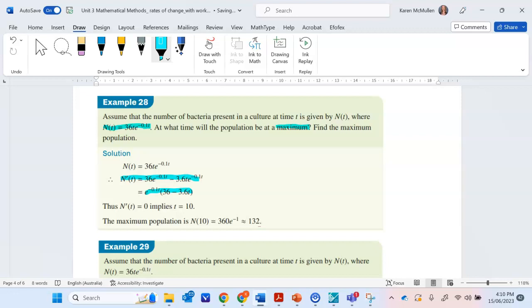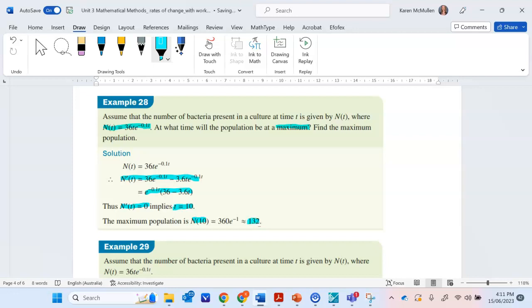So we're going to let our derivative equal 0. So our maximum population is at t equals 10. We don't know what t is measured in, just units of time. If it was days, it'd be 10 days. If it was minutes, 10 minutes, and so on. When you substitute 10 back into your original function, you get 132.